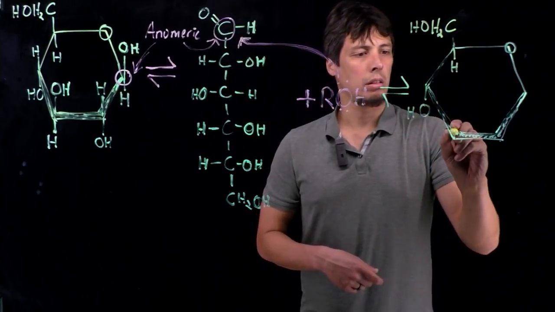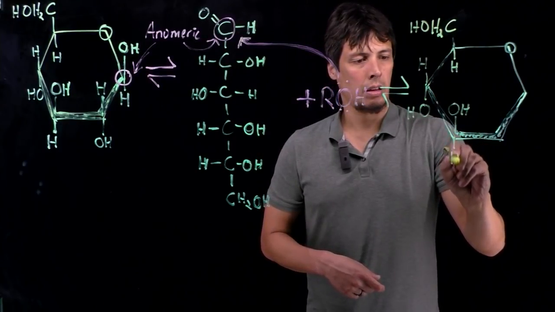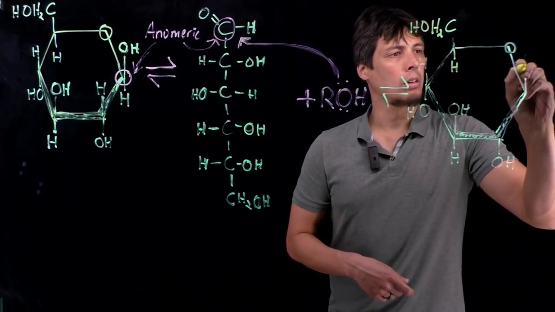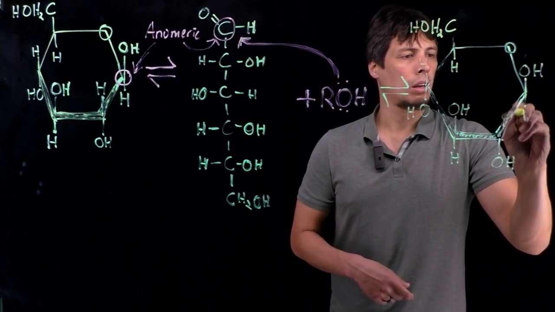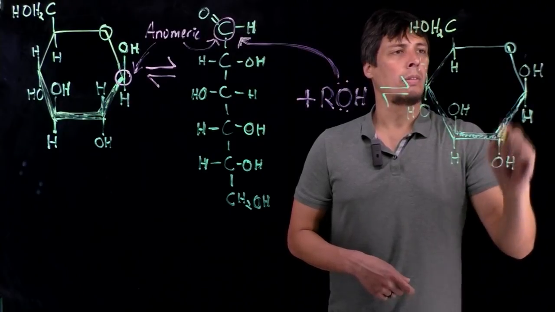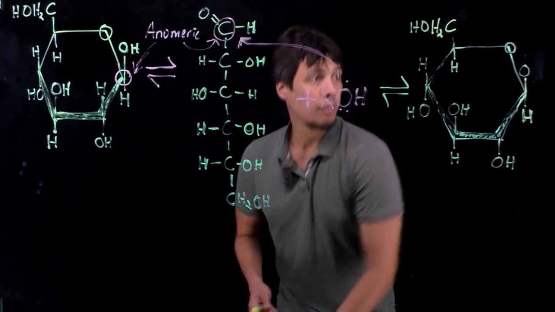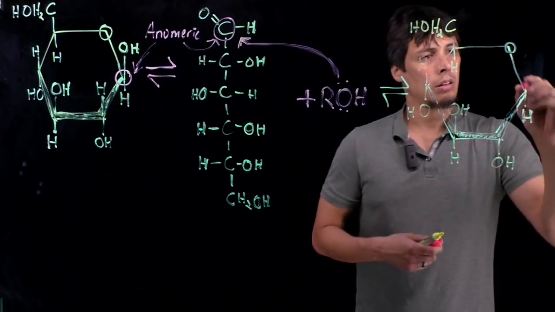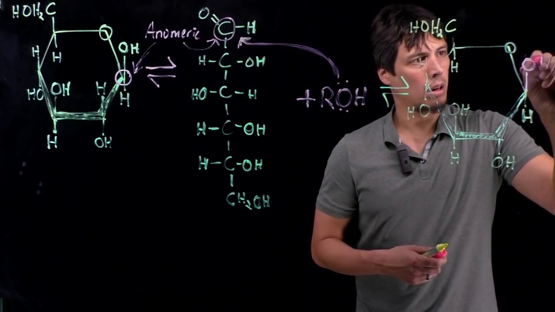Okay, down, up. Hydroxyl down, anomeric carbon. Hydroxyl's on the same side as the CH2OH over here. Okay, and now we have this, except because we have reacted with the alcohol, this is going to be OR, because it's reacted with the alcohol.